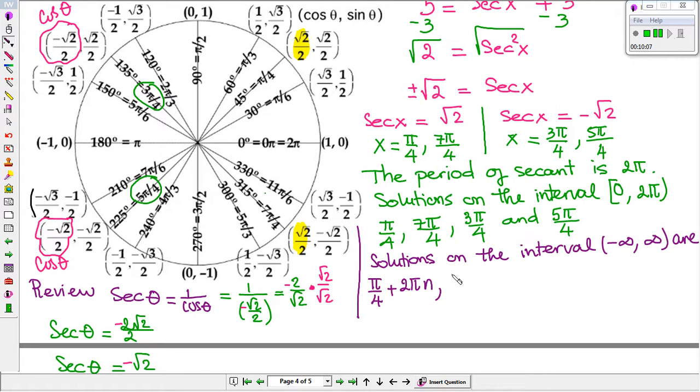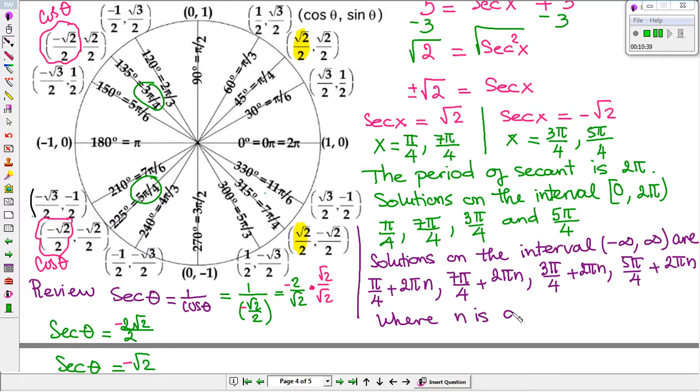That's all. And then you do it for each one of your angles here. So 7 pi over 4 plus 2 pi n, 3 pi over 4 plus 2 pi n, and 5 pi over 4 plus 2 pi n, where n is an integer.